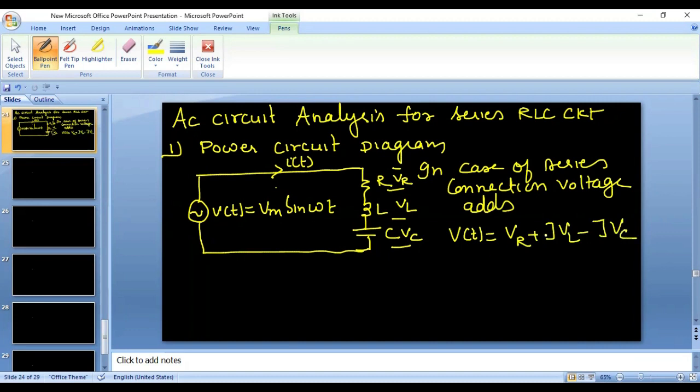You might be surprised why I am not directly adding it, why I am multiplying VL by j and VC by minus j, and only then adding.